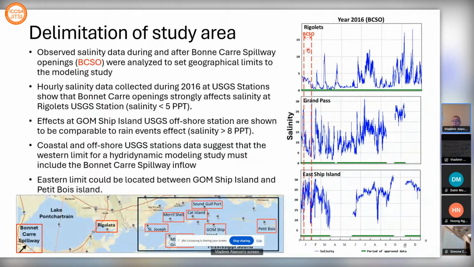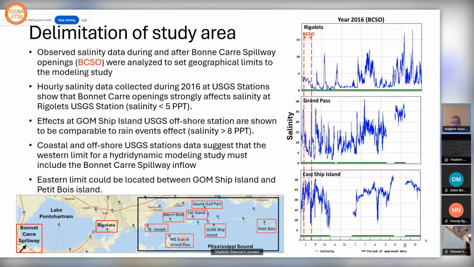We can see that in 2016, when the spillway was opened, the decrease in salinity in the Rigolets was sharp and fast, and also in an offshore location like Grand Pass.